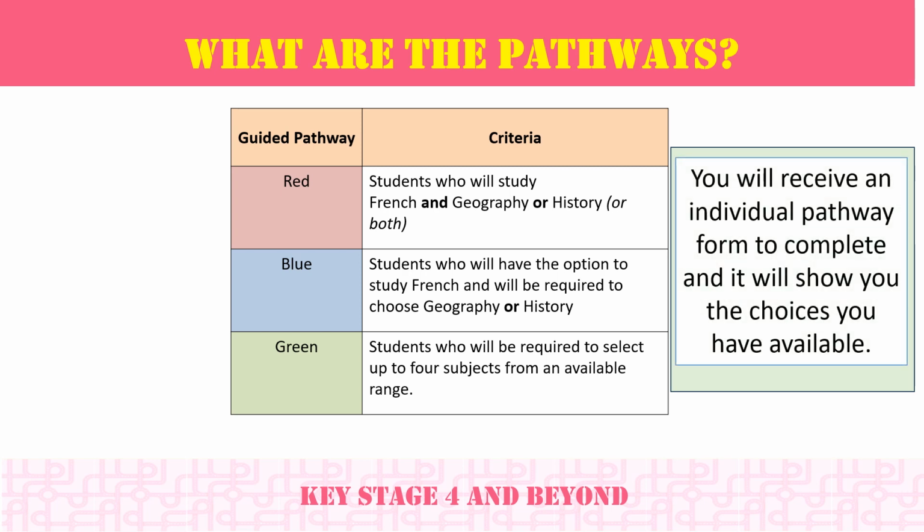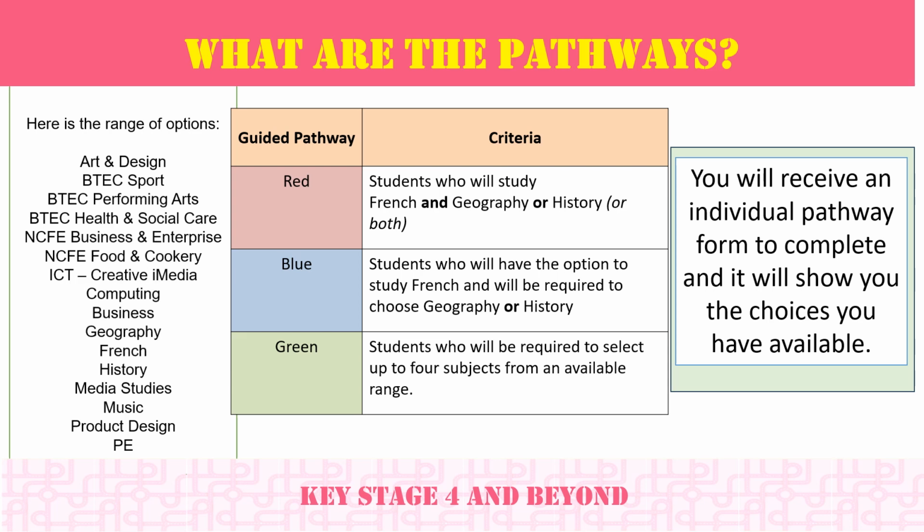range. You will receive an individual pathway form, and that will be sent to parents and carers the week beginning the 5th of February. Your form will be there for you to complete, and it will show you the choices that you have available.